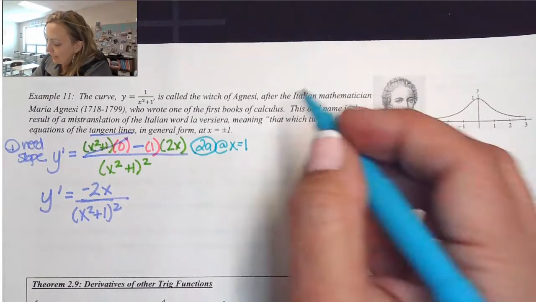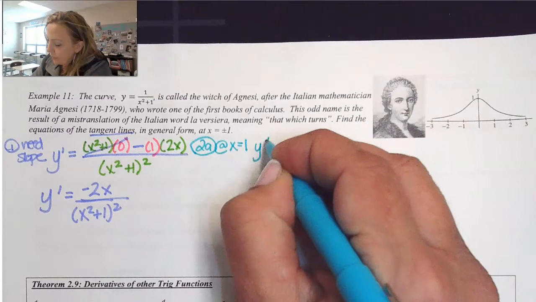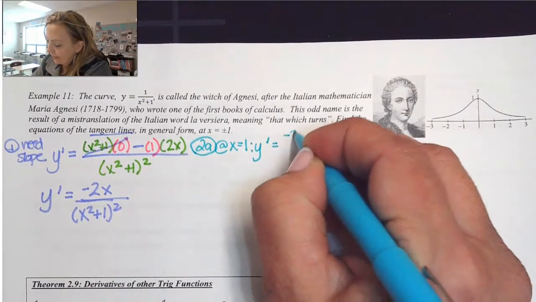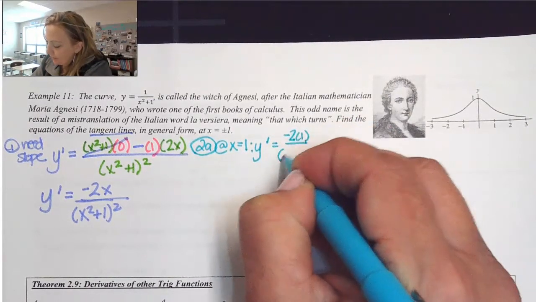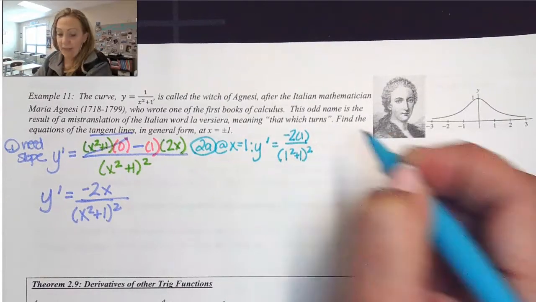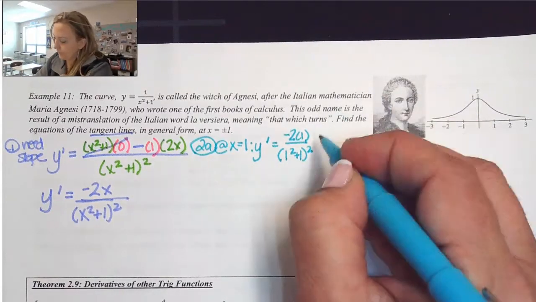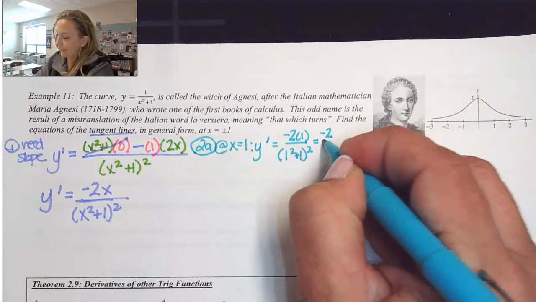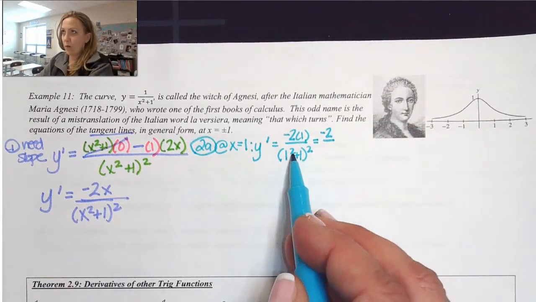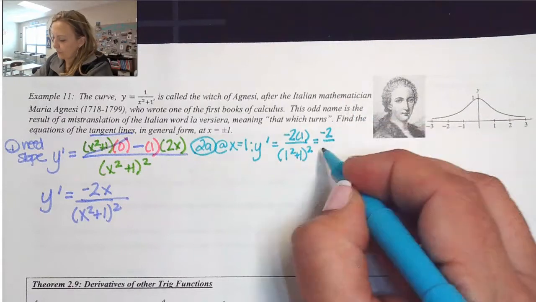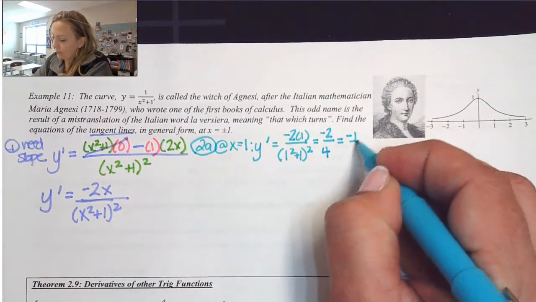So at x equals 1, the slope is going to be negative 2 times 1 over 1 squared plus 1, that quantity squared. So that's going to give me negative 2, 1 squared is 1, plus 1 is 2, squared is 4. So that gives me negative 1/2.